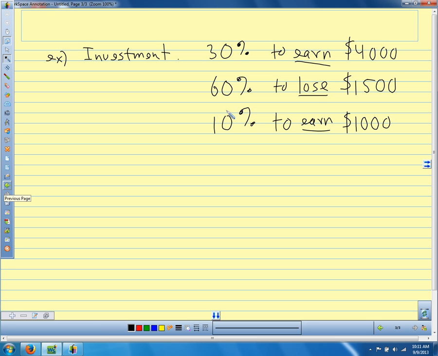So before we even start, we know that to calculate our expected value, we're going to calculate it for each piece and then add them together. What are we going to do with this one where we could lose money? Subtract. If we have a chance of losing, we're going to subtract.